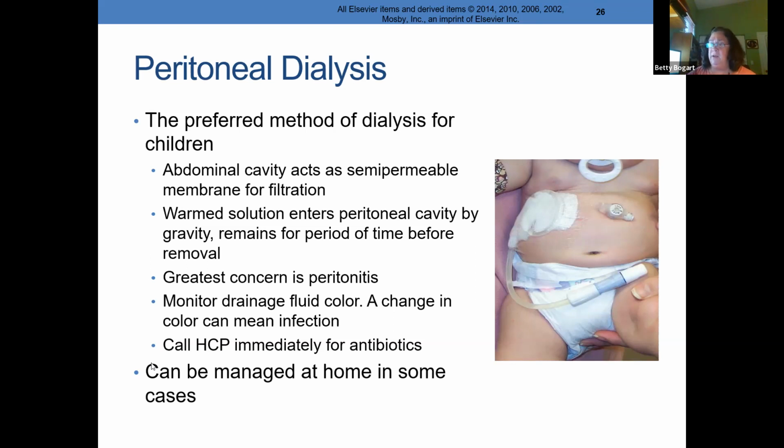This one child, little Willie, had chronic renal failure. He was born and the kidney didn't work, so he was on peritoneal dialysis. That mother did this for 2 years at home, and he finally got his kidney. The child never, ever had an infection, never was admitted to the hospital due to an infection.